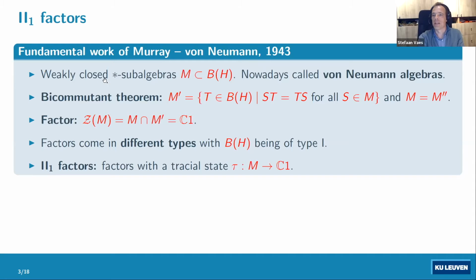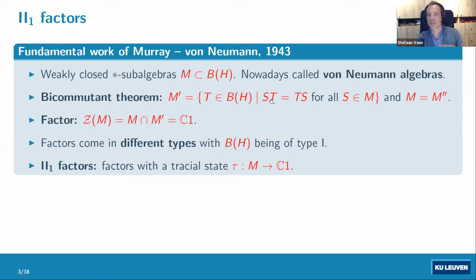And equivalently, by the famous bicommutant theorem, such an algebra can be characterized as those algebras that are equal to their bicommutant. So the commutant of M consists of all operators that commute with everything in M, and M is equal to its bicommutant if and only if M is such a von Neumann algebra.